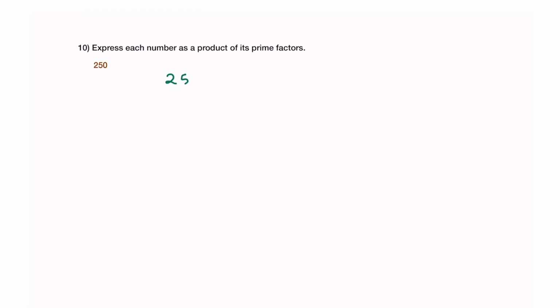So we say 250. We'll start with 2. So 2 goes how many times? In 2, it goes once, and in 5, it goes twice, and 1 to the next one, right? So that's 5. 2 down, and 125. 1 plus 2 plus 5 is 8.